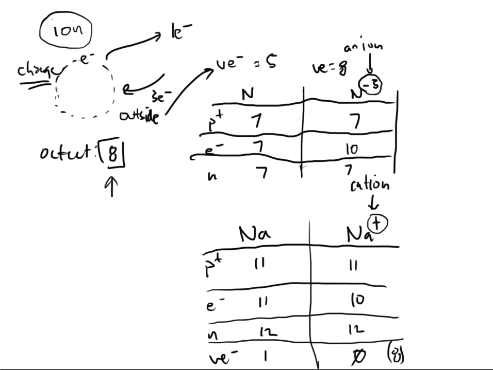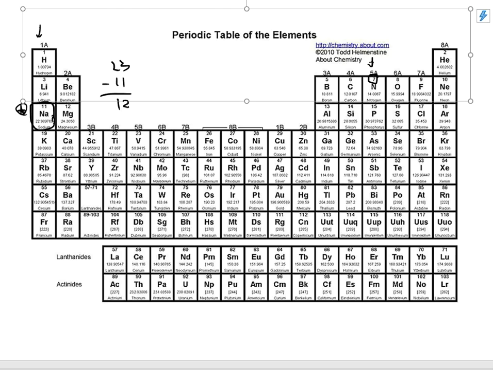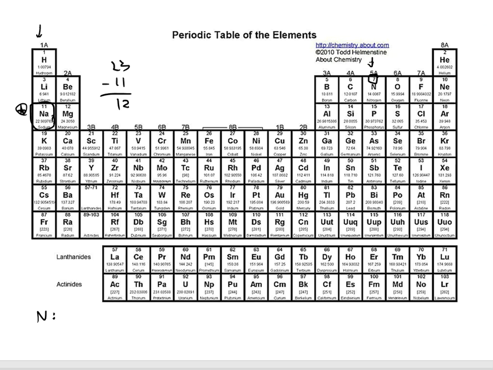Well, folks, electron configuration is also affected. So nitrogen and nitrogen minus 3. In nitrogen's case, if I go back here, and let's write the electron configuration down here at the bottom.